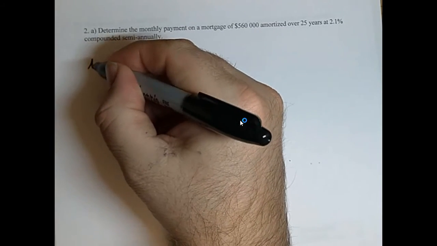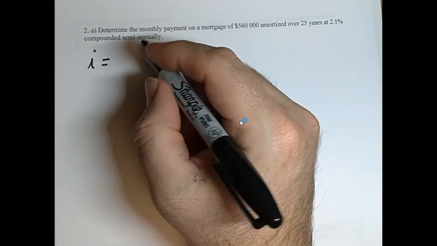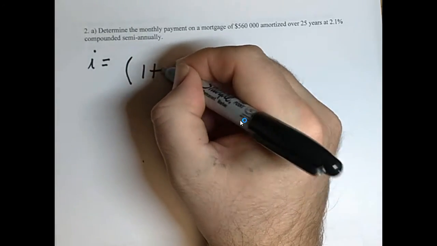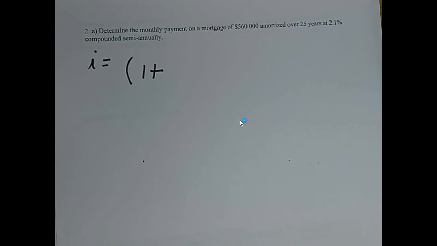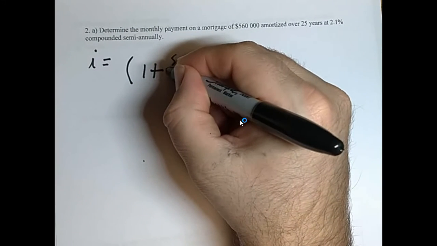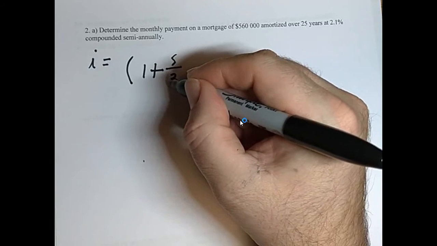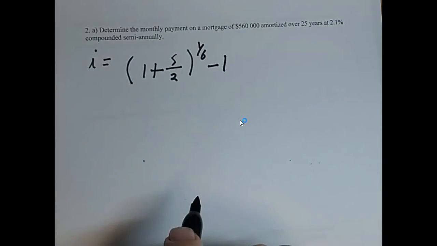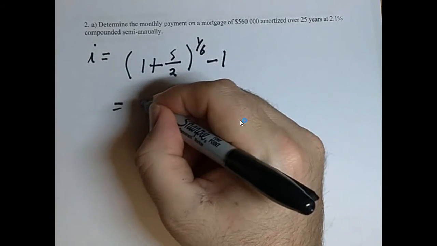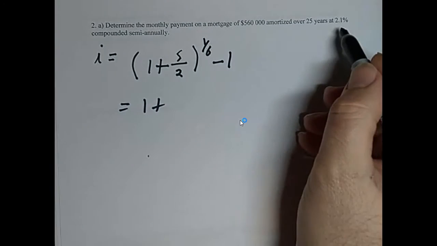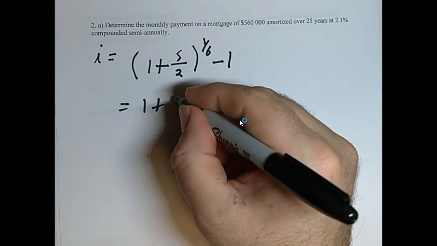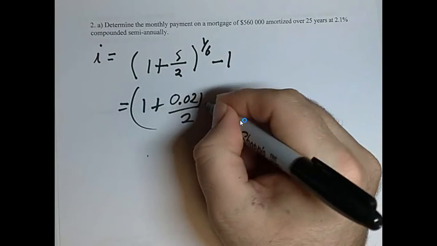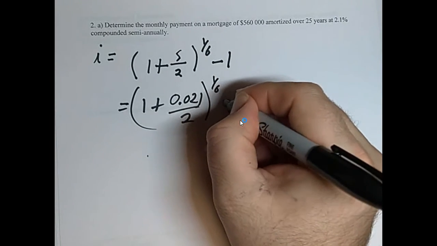So first I. We're going to use that formula right away: 1 plus S over 2, find I, to the 1/6 minus 1. You don't have to write the square bracket. 1 plus S we put as a decimal, so we're not going to use 2.1, we're going to use 0.021 all over 2, to the 1/6 minus 1.